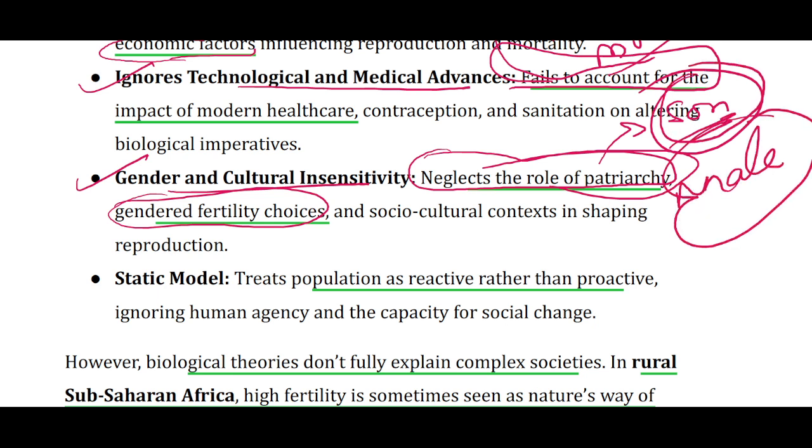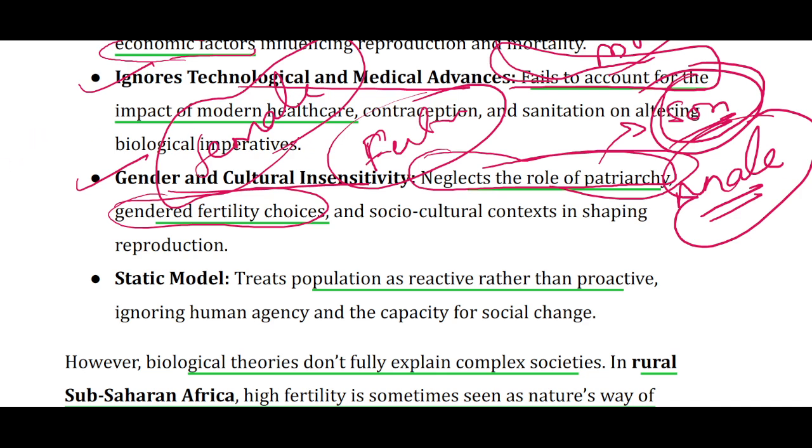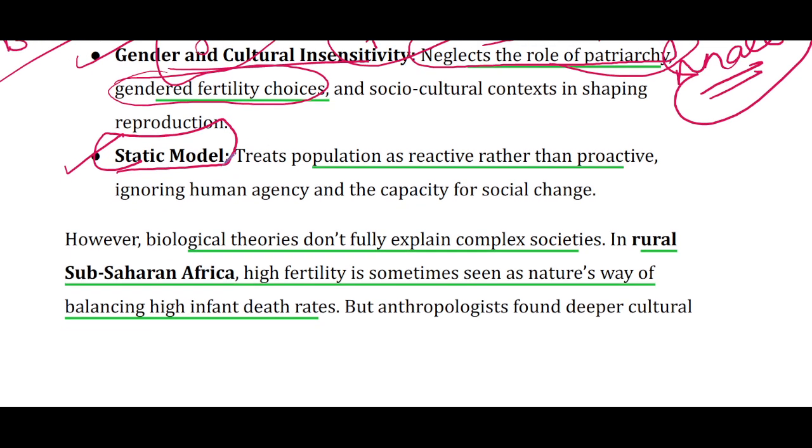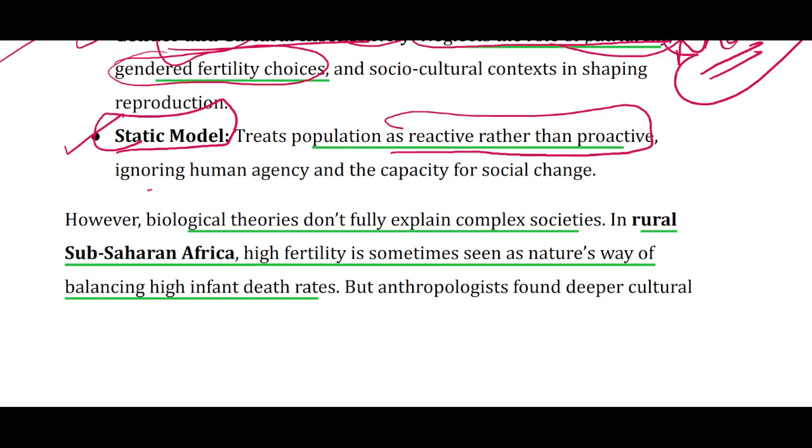Sometimes this may be a reason for having fewer children, or even for female infanticide, which is not taken into account by biological theory. And finally, it is limited because it is a static model. It treats population as reactive rather than proactive, ignoring human agency and capacity for social change.